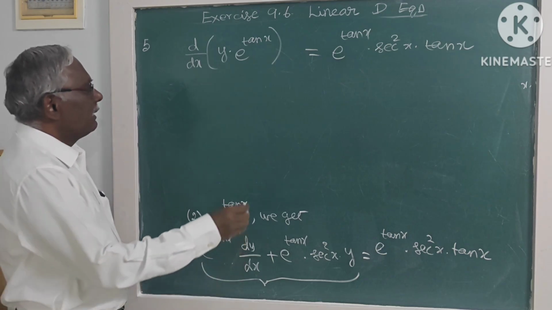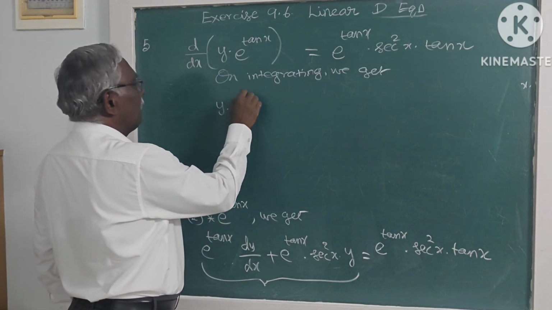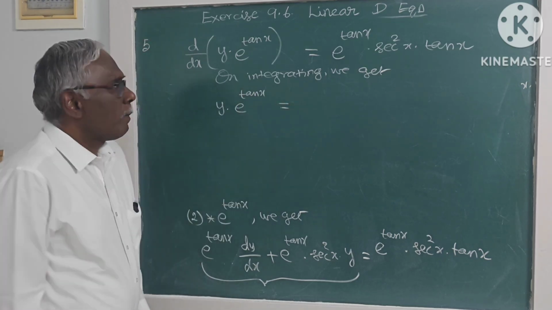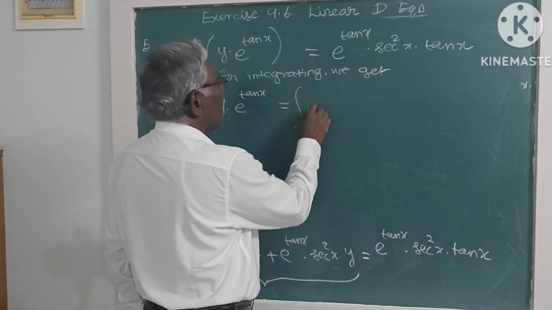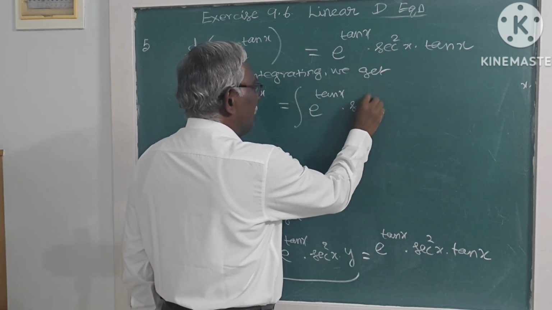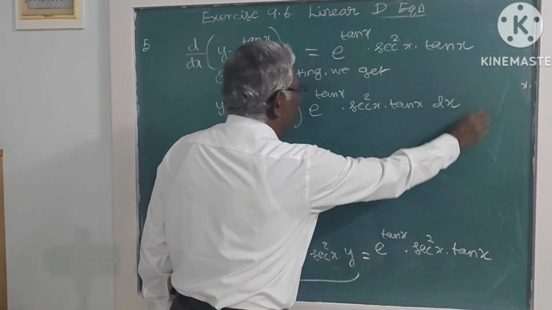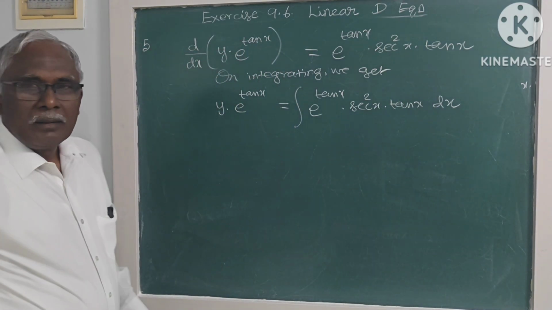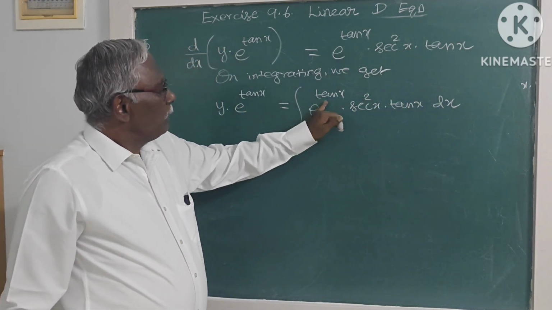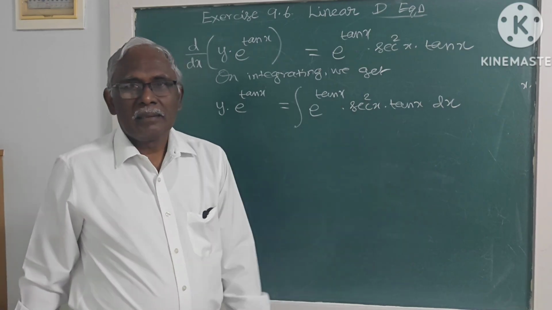On integrating we get left hand side is y into e power tan x. This is equal to integral e power tan x into secant square x into tan x dx. Now we have to see how to evaluate this integral. E power tan x is there, secant square x is there, tan x is there.